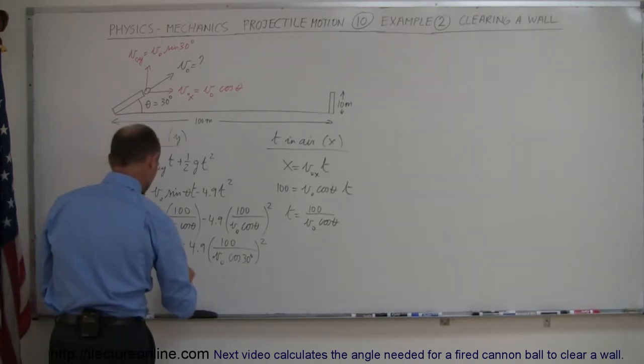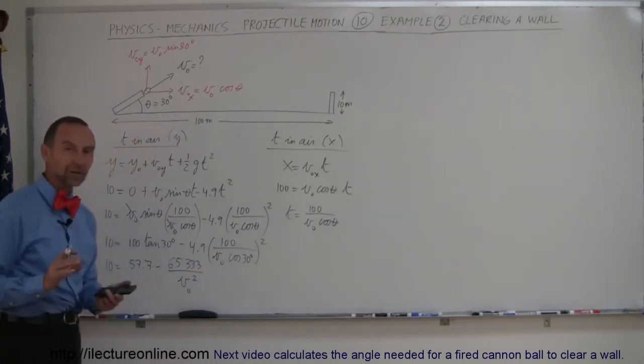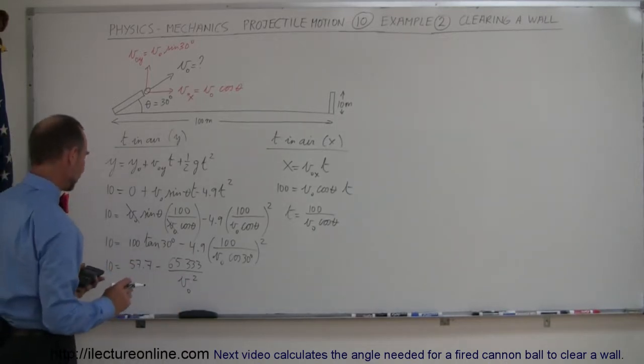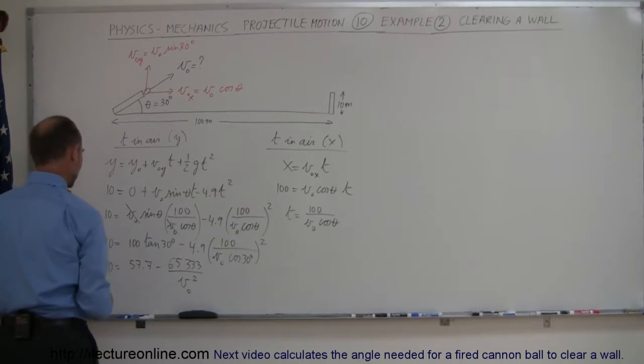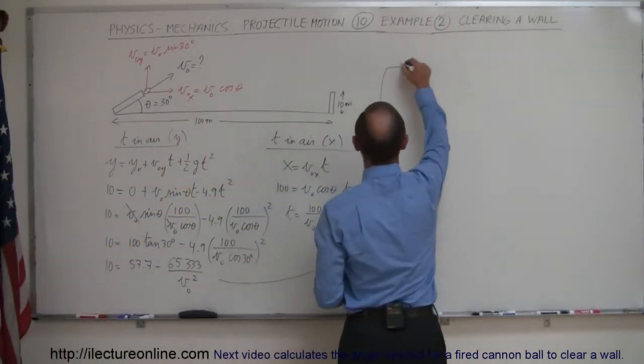So this is equal to 65,333 divided by v sub naught squared. Now that looks a little bit better, because I'm simplifying this. I have v sub naught that I'm solving for. So let's move this across to the other side.